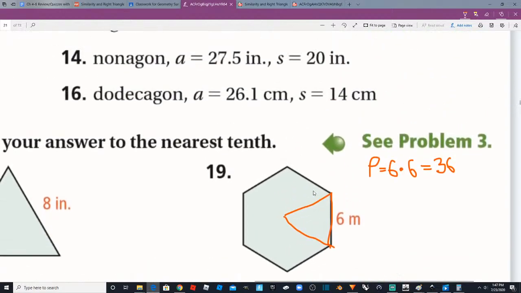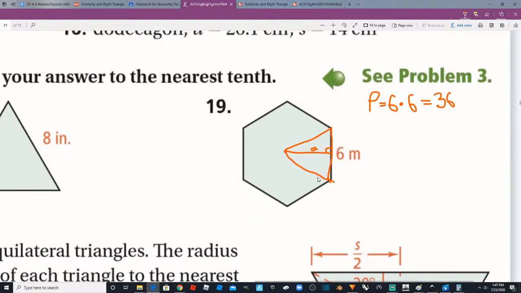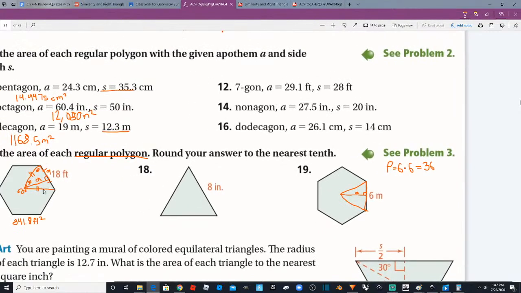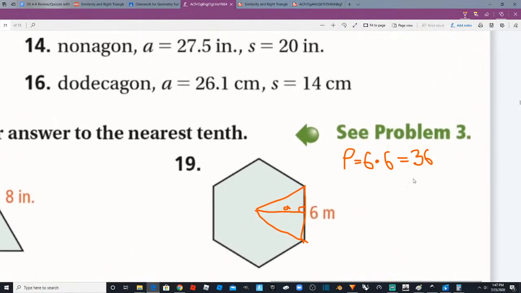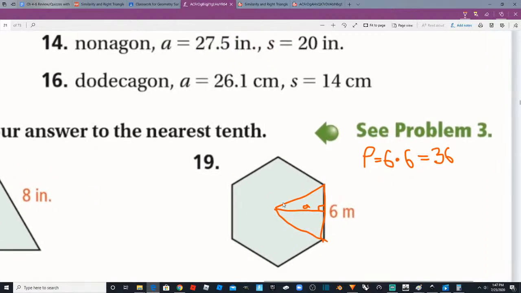Okay, so we have a triangle and we want to know the apothem, labeled A. I believe this is the same central angle from before because this is a hexagon. So each of the side will be 30, obviously after dividing by 60 degrees, same situation here.